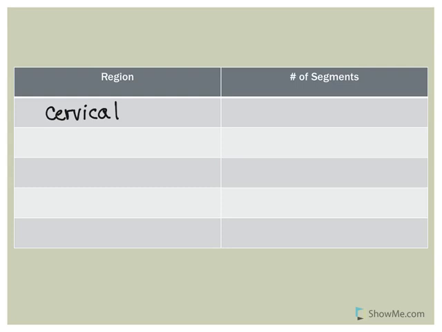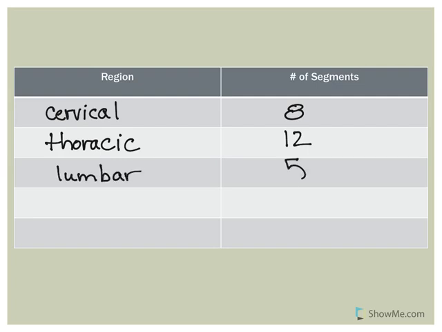So we have 8 cervical spinal cord segments, then the thoracic, with 12 segments, lumbar, 5 segments, sacral, 5, and coccygeal, 1 segment. Again, off of each of these segments you'll have your various spinal nerves.